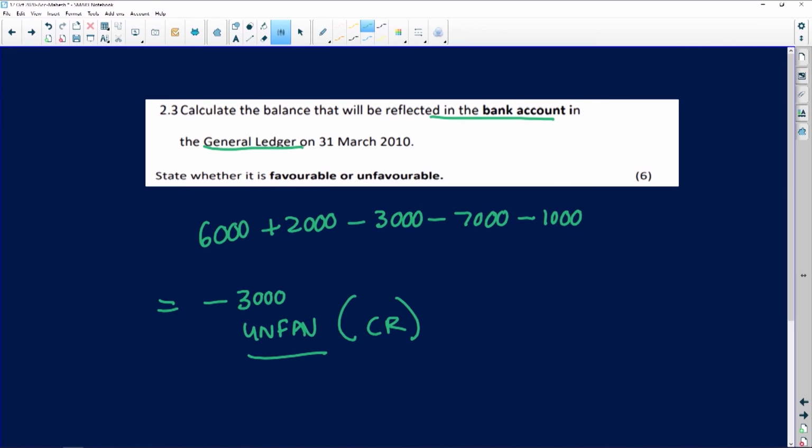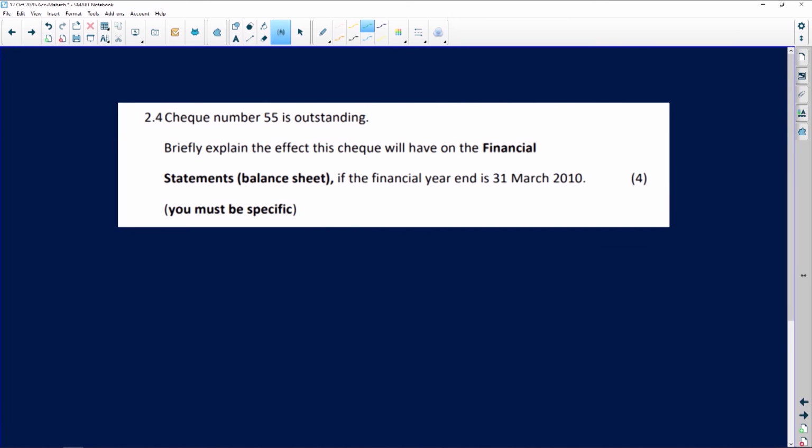Right, we've got just over 2 minutes, not much time. Let's quickly see if we can do 2.4. Check number 55 is outstanding. Briefly explain the effect this check will have on financial statements in the balance sheet if the financial year end is the 31st of March. Now, I did discuss this earlier on.